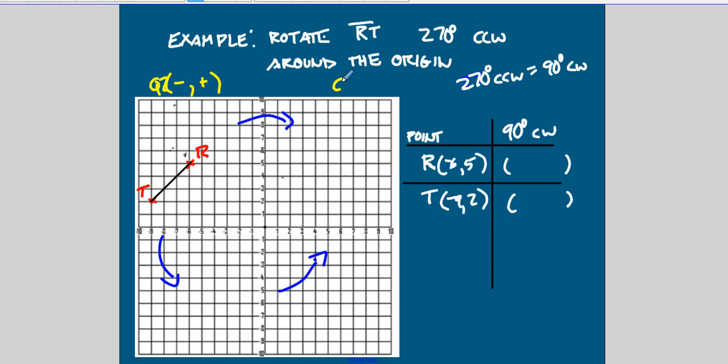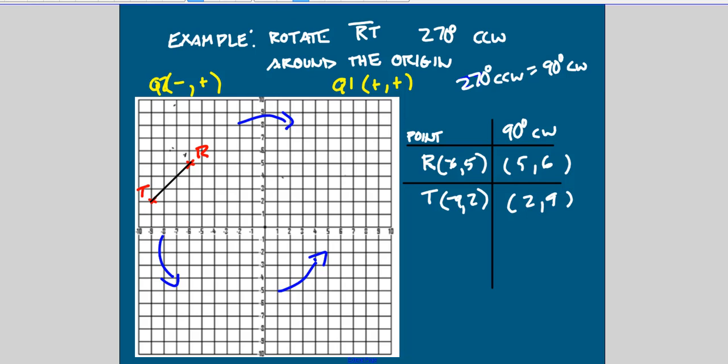Q1, where we're moving this, is positive for x and positive for y. So again, we swap the coordinates. R becomes 5, 6, but in the first quadrant x and y are both positive, so it stays 5, 6. Then T becomes T prime, which will be 2, 9, and it just stays 2, 9.